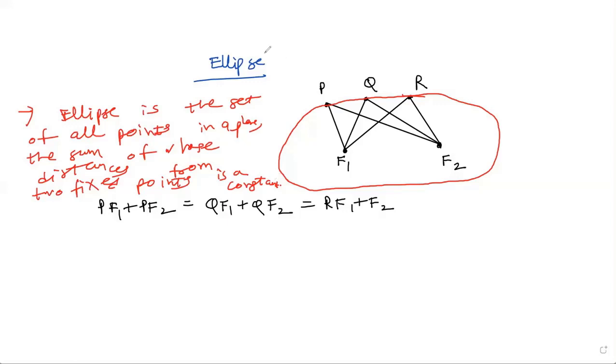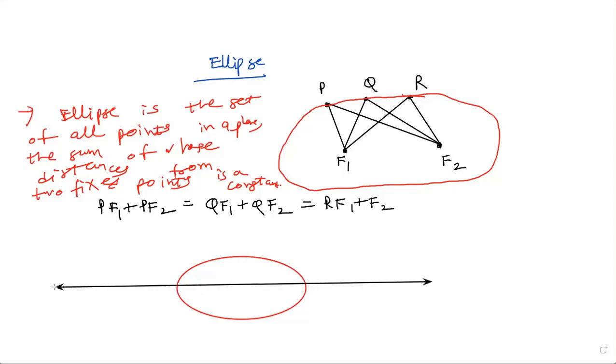Now, if I give you a labeled figure for an ellipse, then we'll also be able to understand the different parts of it. So suppose this is the ellipse, and suppose this is my horizontal axis, and these are my two fixed points, F1, F2.